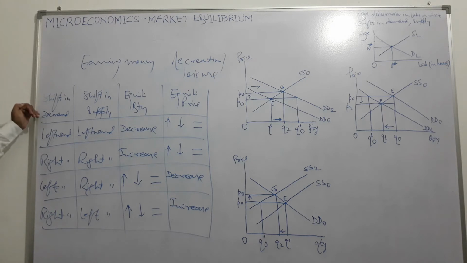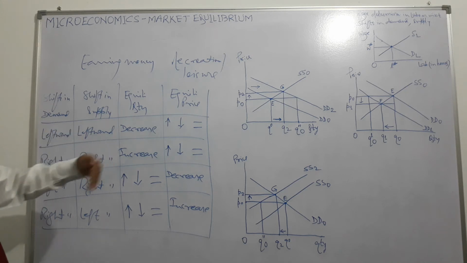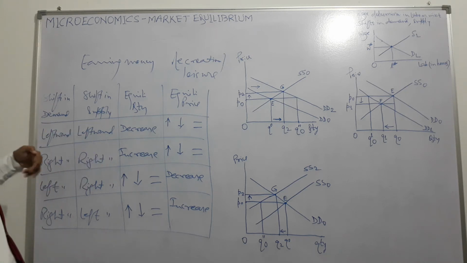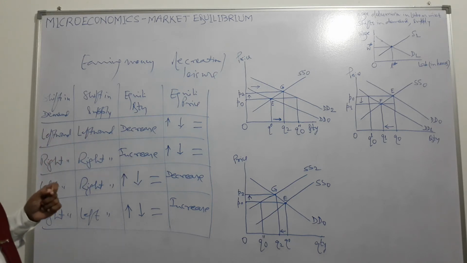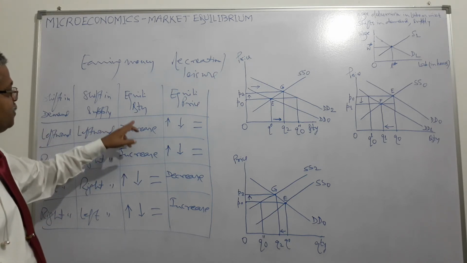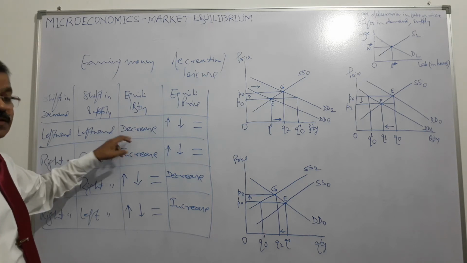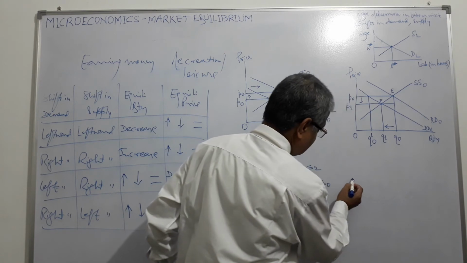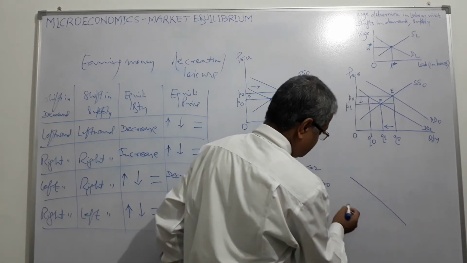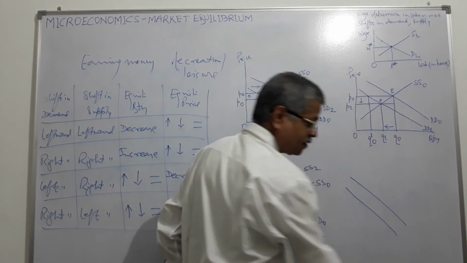Suppose there is a shift in demand and that is a leftward shift, right? We know the demand curve is a downward sloping curve. It shifts leftward, right? At the same time, the supply curve also shifts leftward. Then what happens? Equilibrium quantity will decrease, right? This is our demand curve, so it has shifted left.